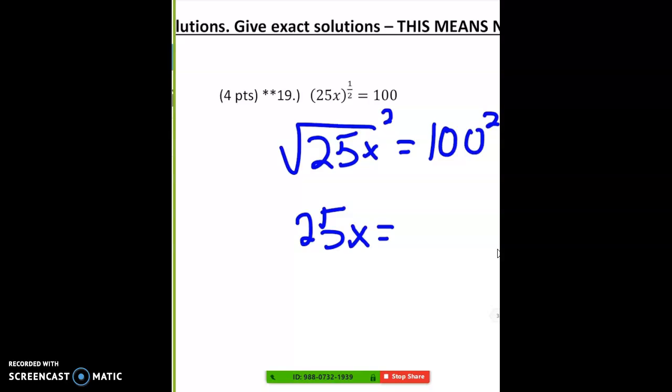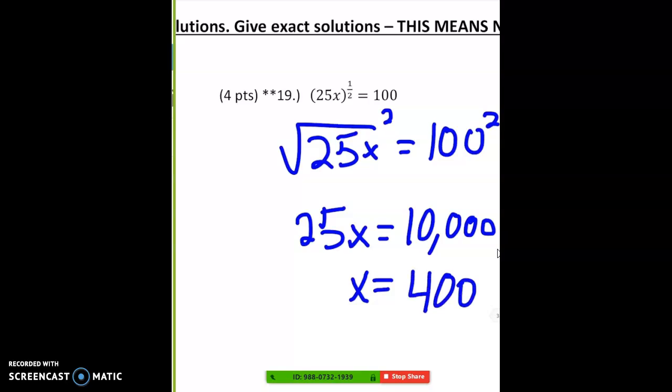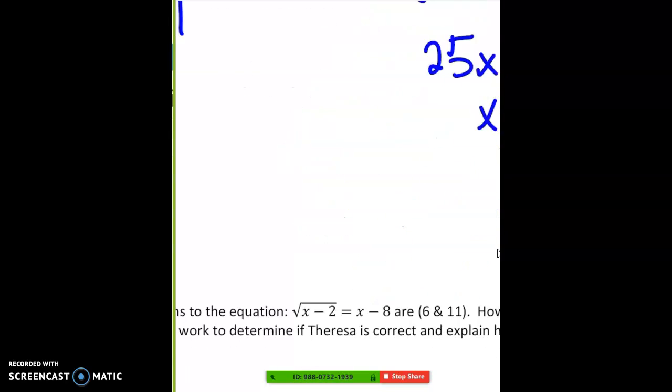There it is. 100 times 100 is 10,000. And then of course divide it by 25 to get your answer, which will be 400. In this case, you only have to check for extraneous if there's 2 solutions. This is just a 1 solution problem, so you're good.